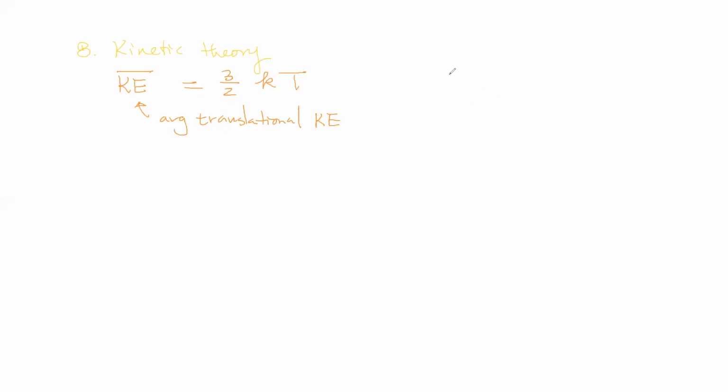So what does that mean? It means that every translational kinetic energy is proportional to T. So the higher the absolute temperature, and this T has to be the absolute temperature. KE here in Chinese is 动能, kinetic energy. So they are linearly proportional.